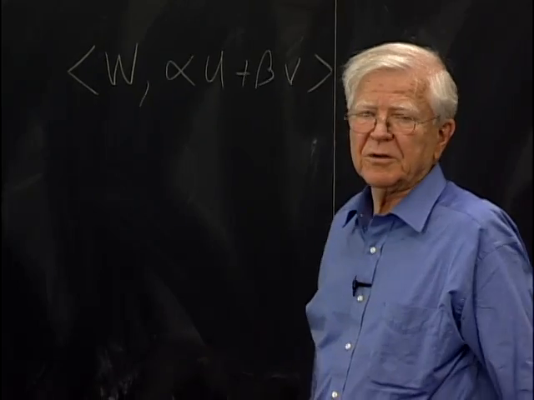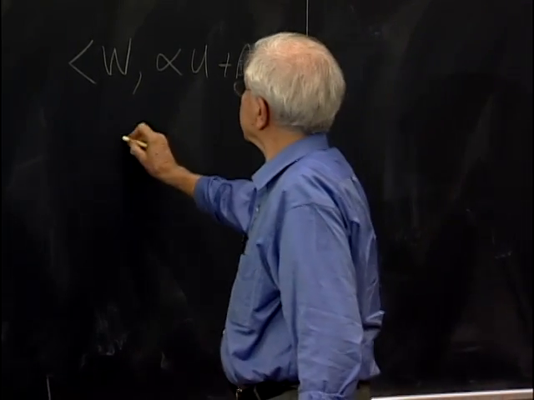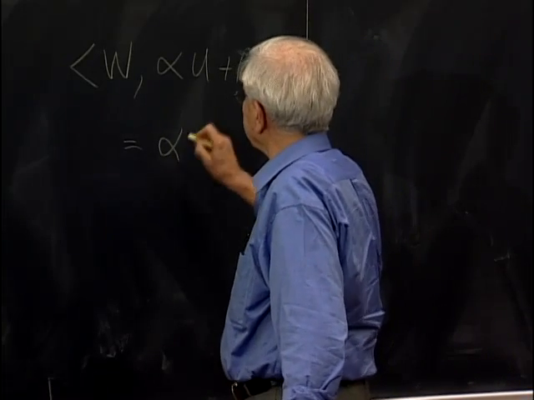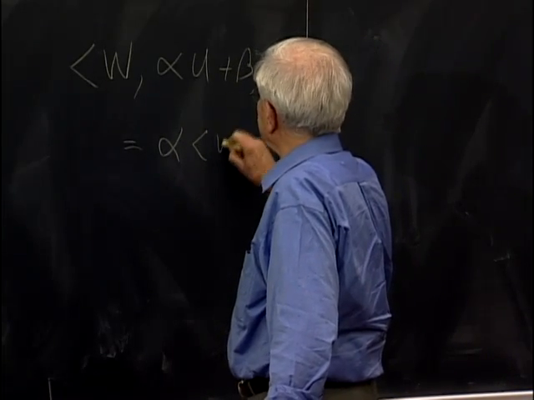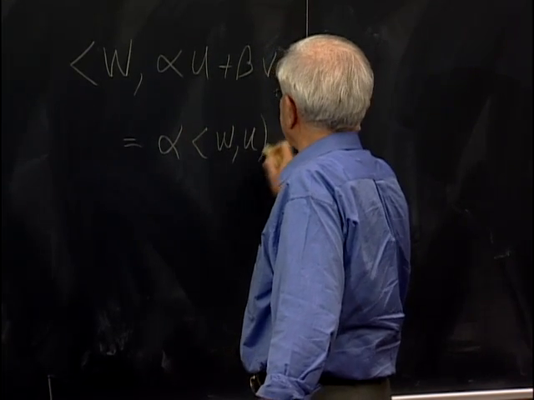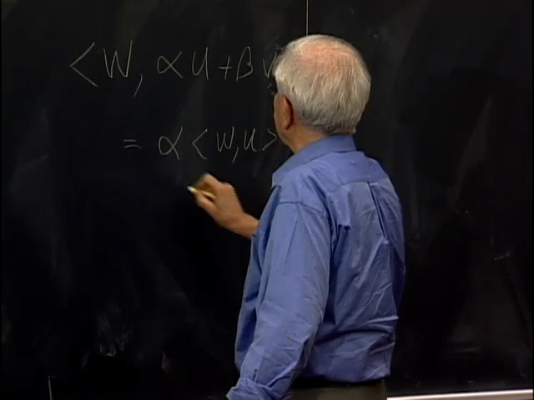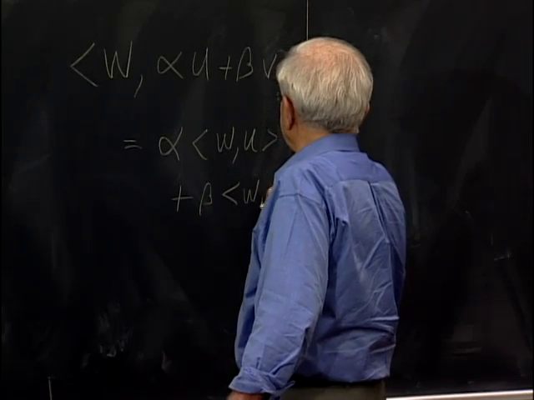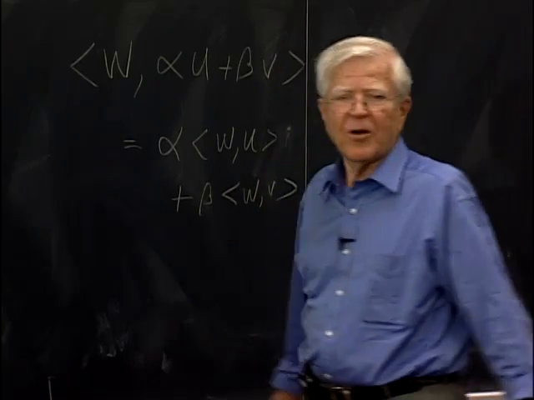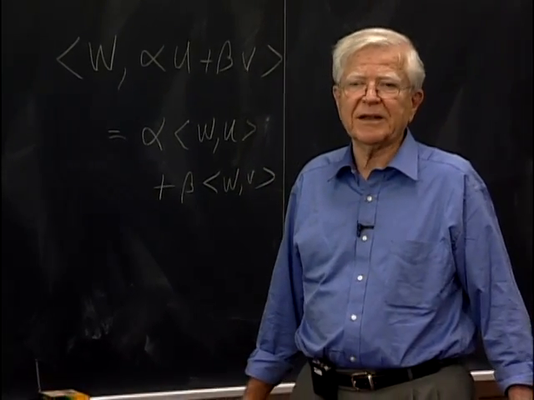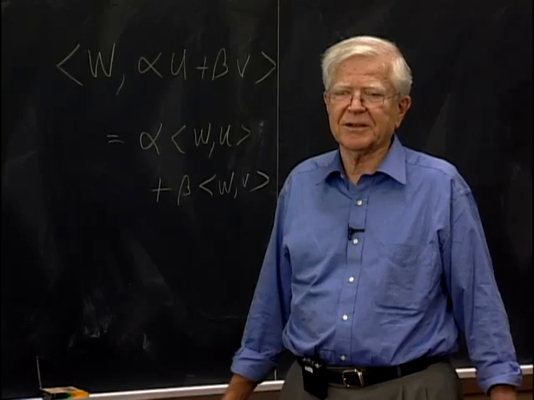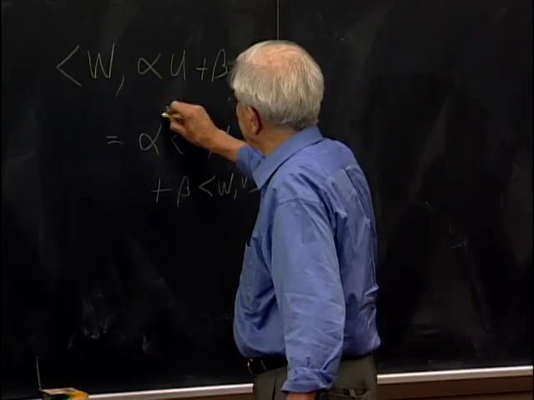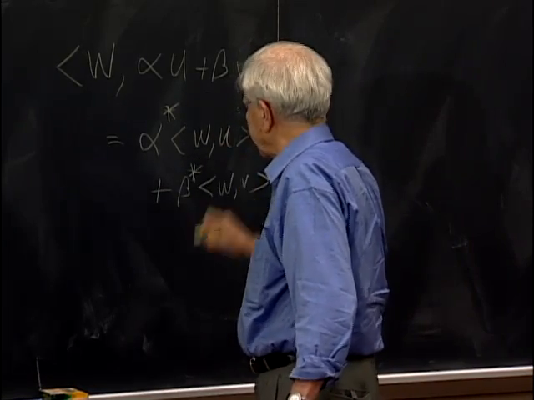What's that equal to? Well, it's equal to alpha times the inner product of w and u plus beta times the inner product of w and v. Except that's wrong. That's right for real vector spaces. It's wrong for complex vector spaces. What am I missing here? I need complex conjugates here and complex conjugates here.